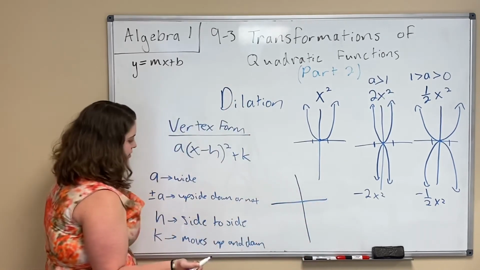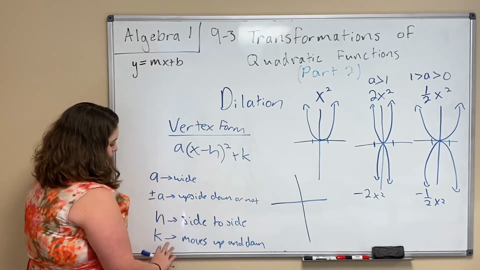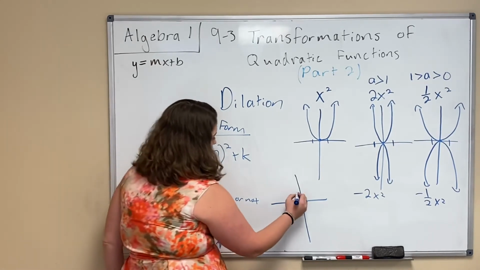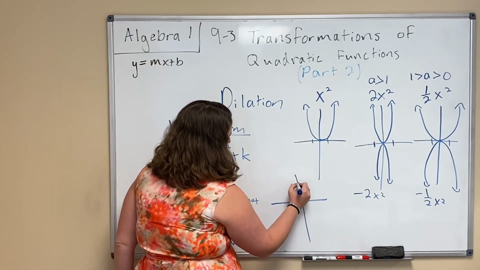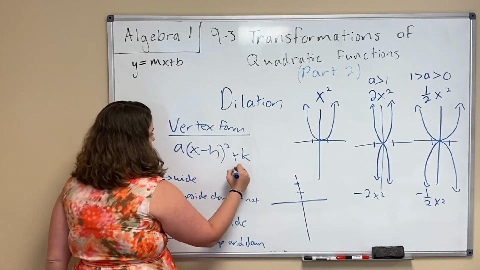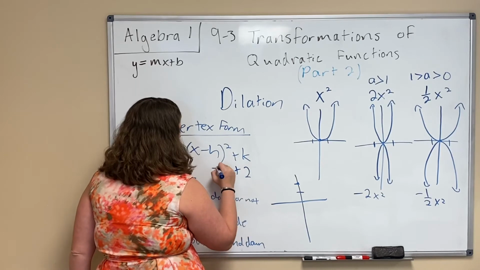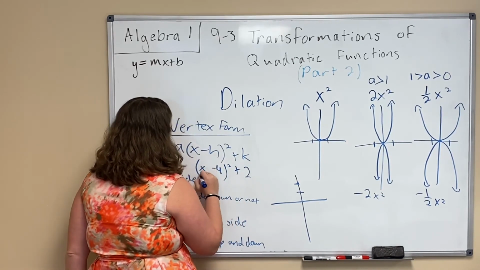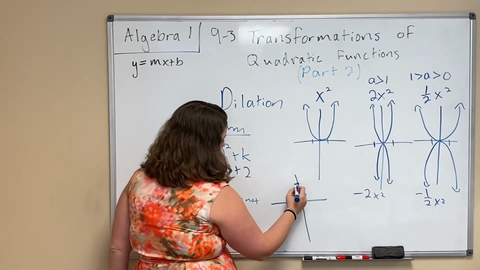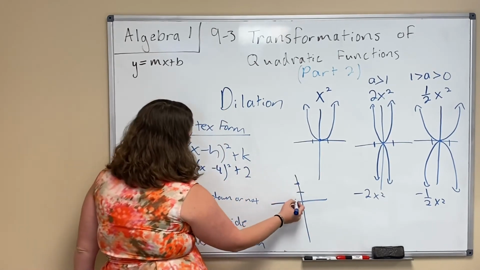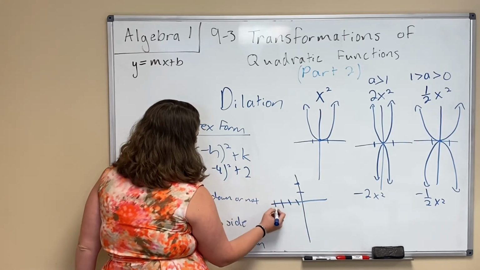For example, if my K was positive 2, then I would know that the graph has to start at least up here. But if my H was minus 4, then I would know that I have to start positive 2 up here, but side to side I need to come over 4 spaces.